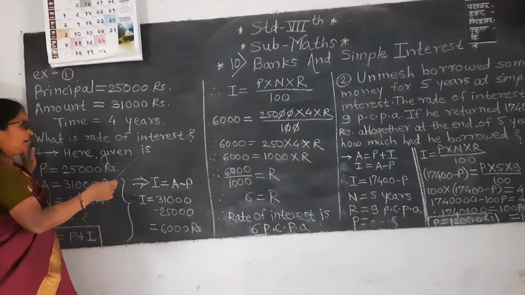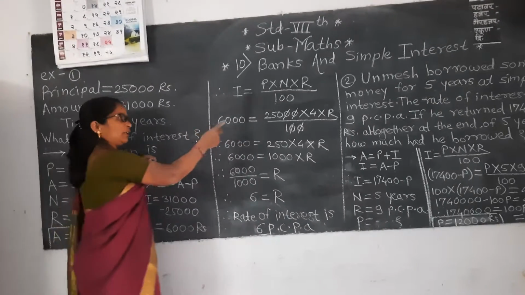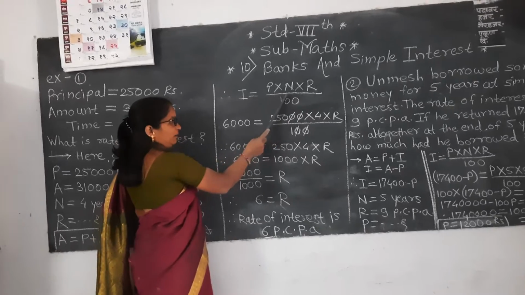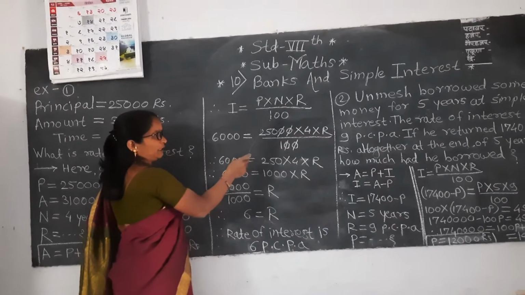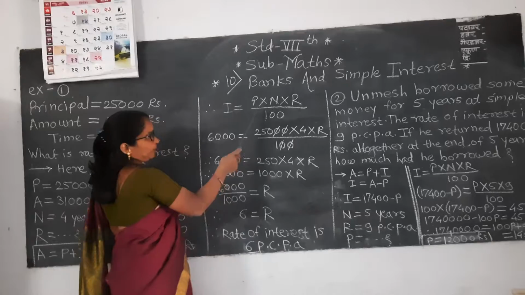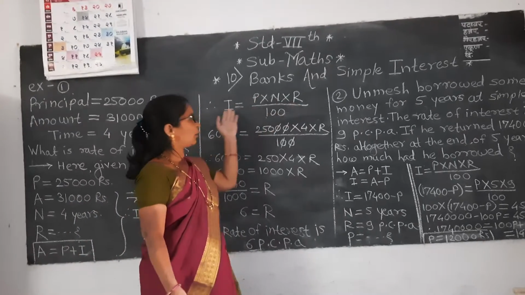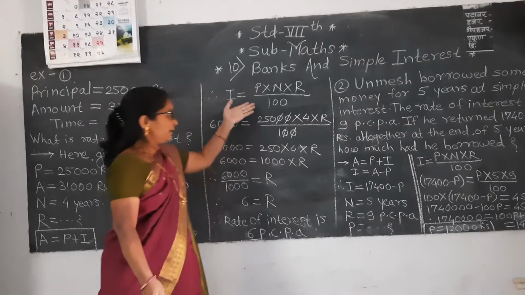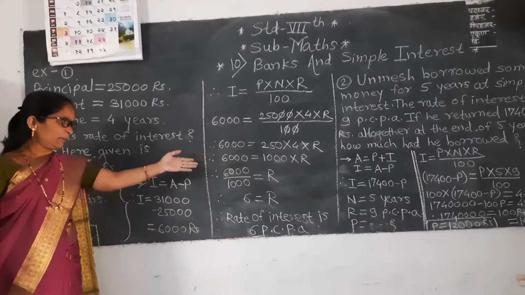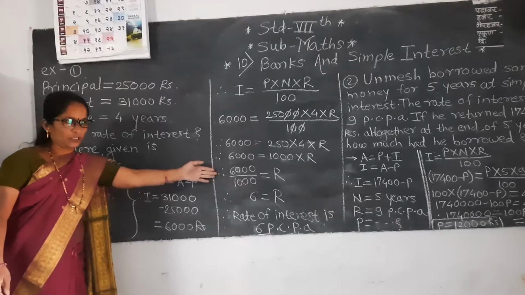In this lecture, if only three terms are given, they may be P, N, R or interest. Then how to calculate the remaining term in this question?